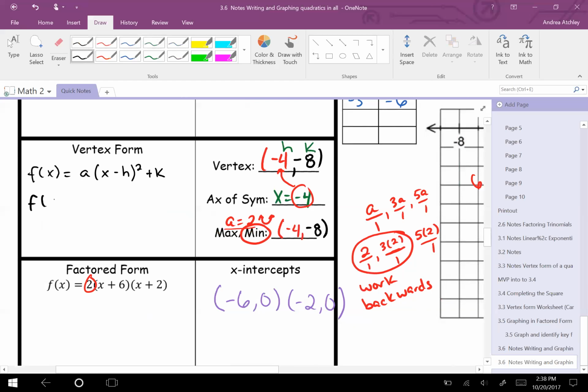So you have f of x equals my a value of 2 times x minus, my h value is -4, so when I plug it in, it becomes +4. Remember, it changes signs. And then minus my k value is -8, so -8. So that's vertex form. Any questions over that?